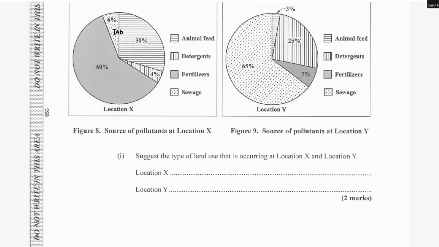Yeah, we do have some sewage here, and the smallest amount is detergents.